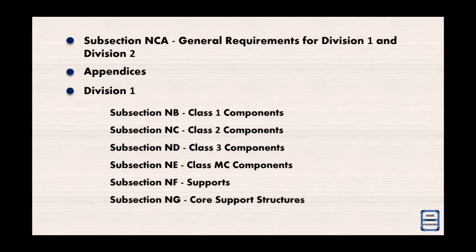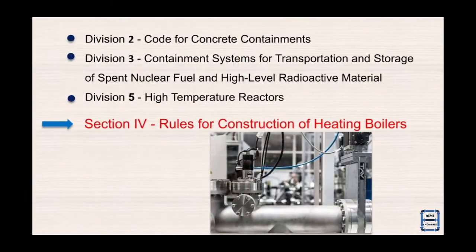Some components of this section are the cooling water system, auxiliary feed water system, etc. Next is subsection NE, Class MC supports, supports of various components. Next we have subsection NF, supports, then subsection NG, core support structure.